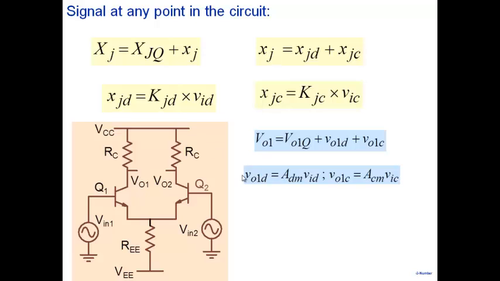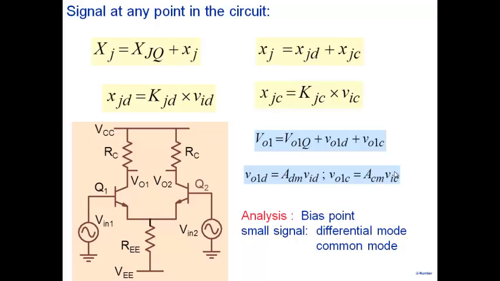So V01D here, referring to the differential part, is related to differential input voltage, and this is the differential mode gain. The common mode part here, V01C, is related to common mode input voltage here through what we call common mode gain. So that's how you find the net value of V01. A bias point value, a differential part value coming about because of differential input voltage, and a common mode value coming about because of common mode input signal.